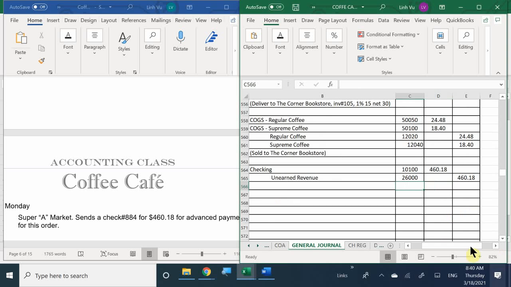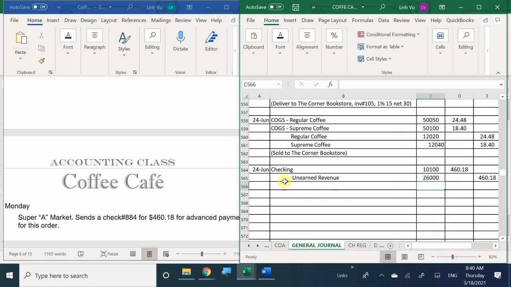So here, what are we going to recognize? What are we going to put here? Super A Market made an advance payment. Check number 884. Okay.